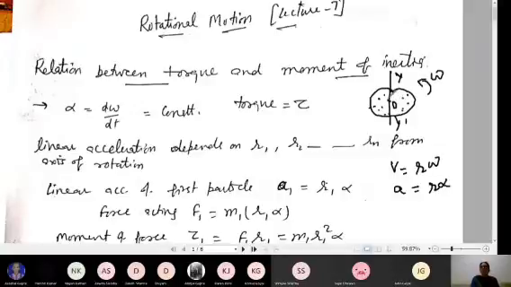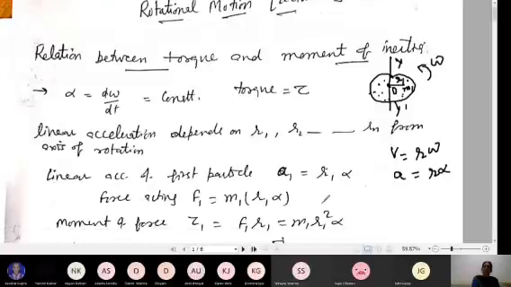If this is the first particle, r1 is the distance and m1 is the mass, then a1 equals r1 alpha, and the force acting on the body is m1 a1, which means m1 into r1 alpha.